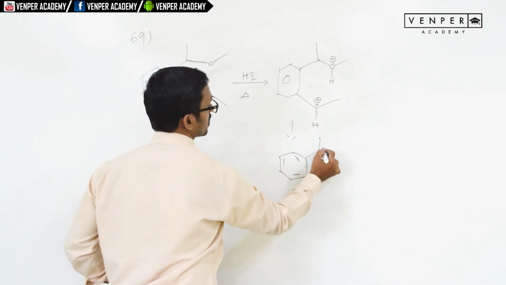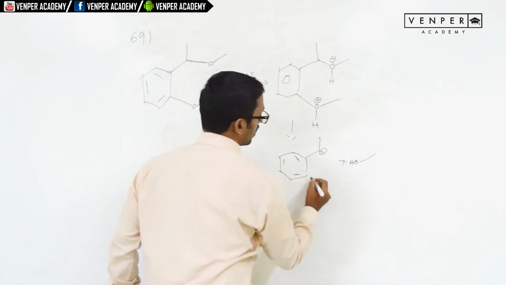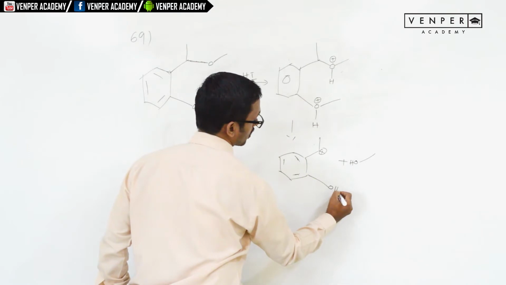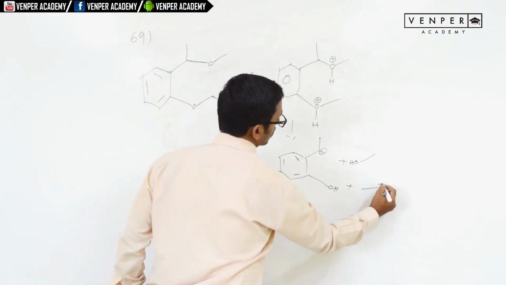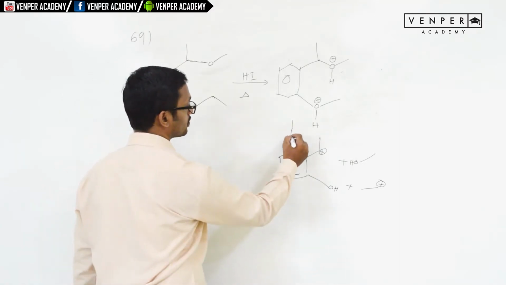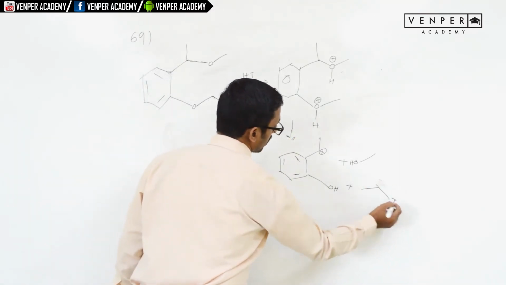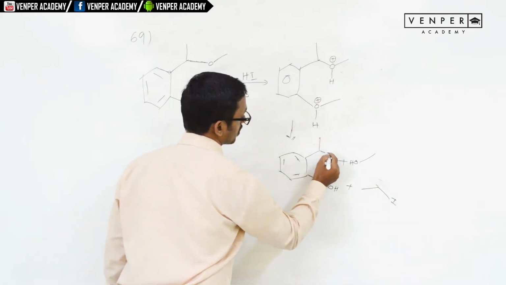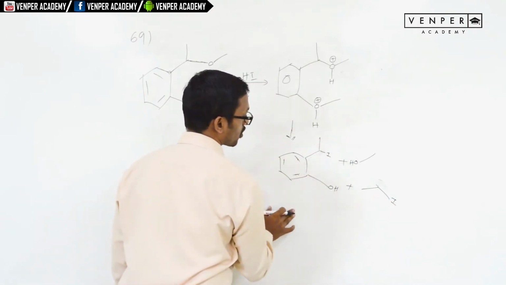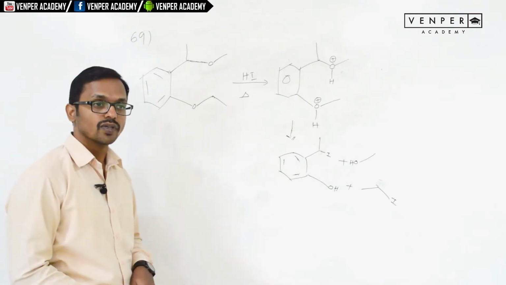We will get the positive charge here, plus alcohol, and here we'll get alcohol plus this one. So iodide will come and attack here and here also. As a result we are getting 3 products, and in the given 4 options, option 2 is the correct answer.